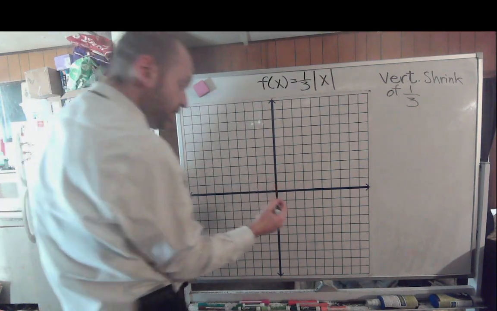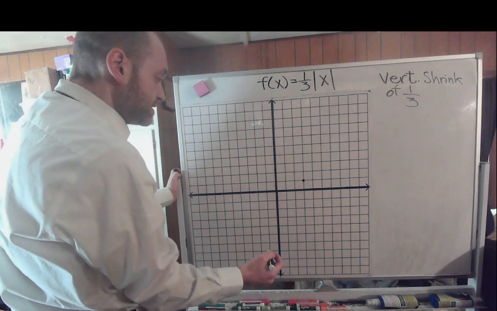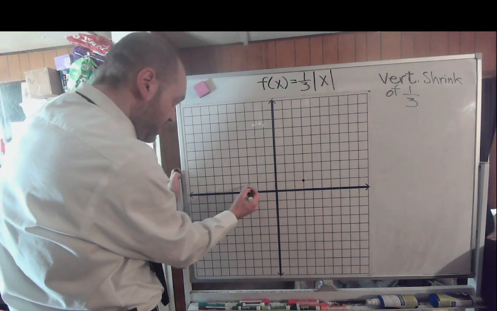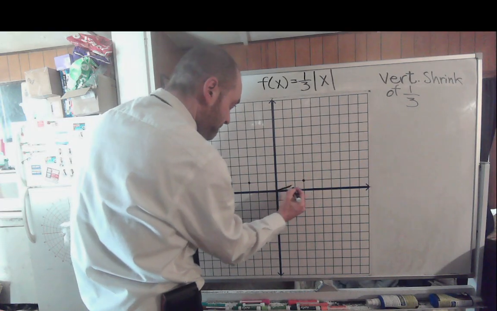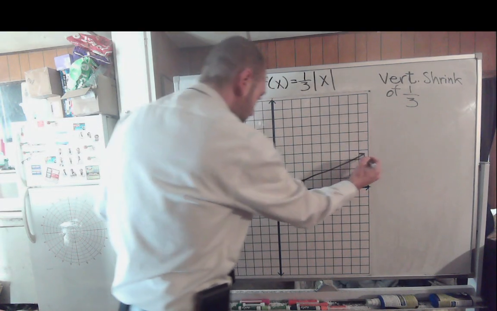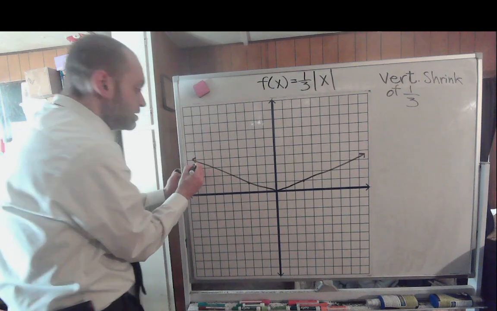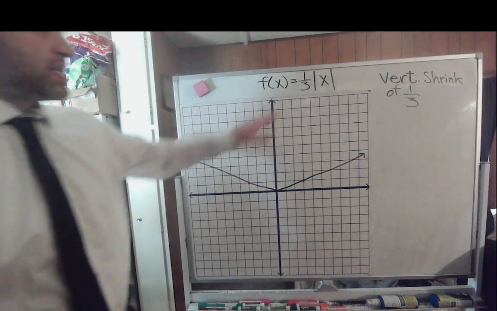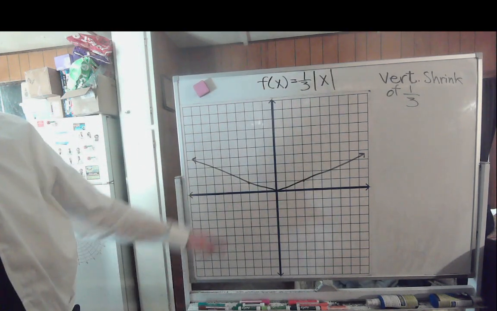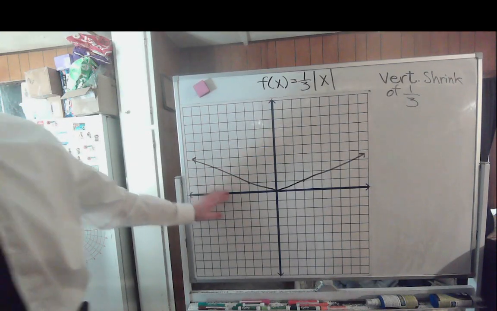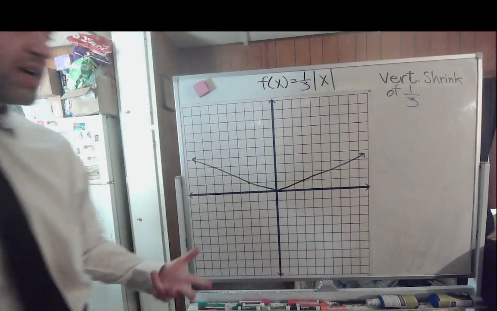When x is 3, you would get a y value of 1. When x is negative 3, you would get a y value of 1. And then here's your graph. So here's the graph of f of x equals 1/3 times the absolute value of x. This is a vertical shrink. It's not quite as tall, but it's more horizontally stretched. It's getting closer to hugging the x-axis, so it's more horizontally stretched.